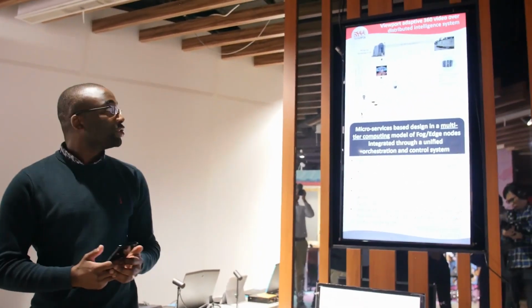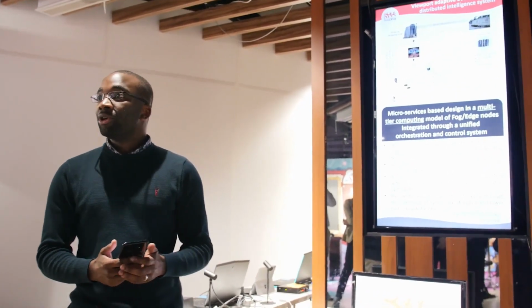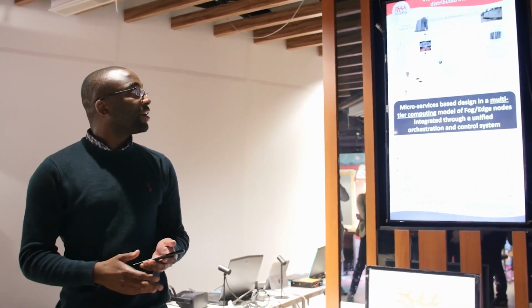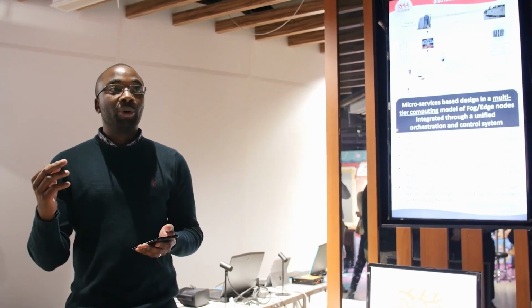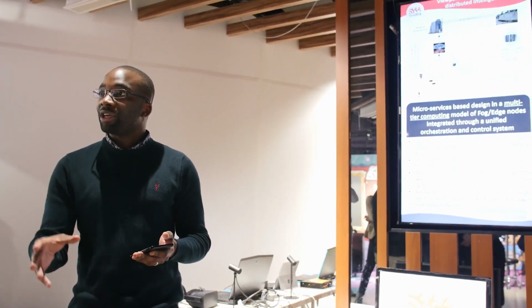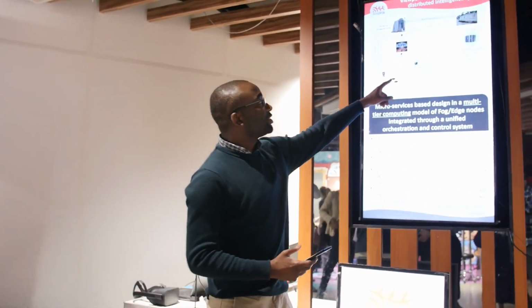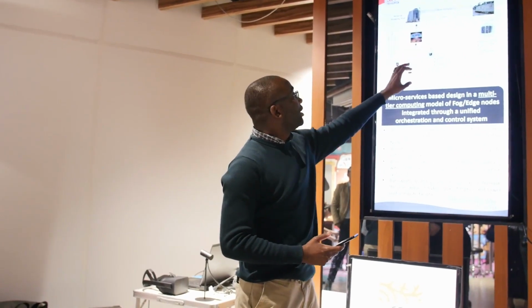I will now go ahead and explain the 5G Coral solution to this adaptive 360-degree video. In the 5G Coral solution, we have taken the monolithic 360-degree video application and decoupled it into a number of microservices. Each of these microservices is hosted at the data center, at the edge, or at the fog node, depending on its compute requirements.